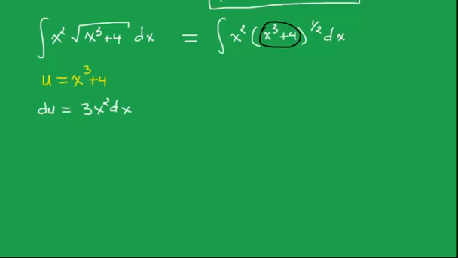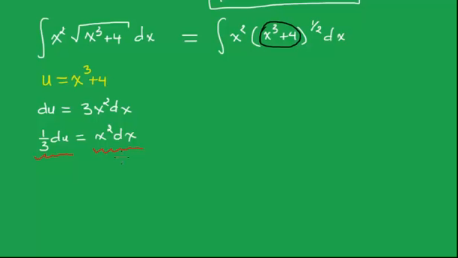So when we divide by the constant 3 on both sides, we get 1/3 du equals x squared dx. So on one hand we have the u's with the constant, and on the other hand we have the x's. So x squared dx equals 1/3 of du.